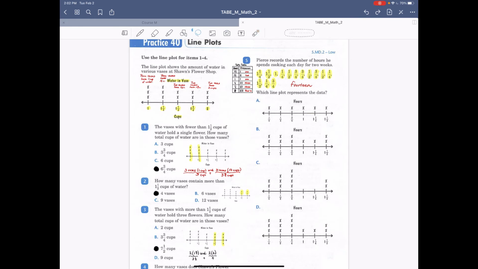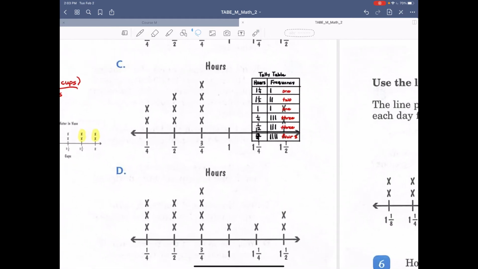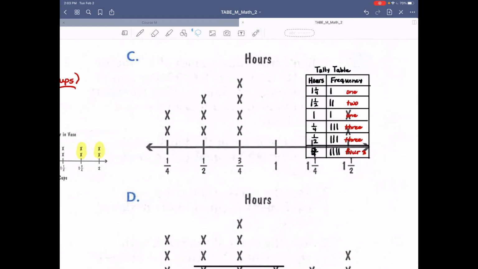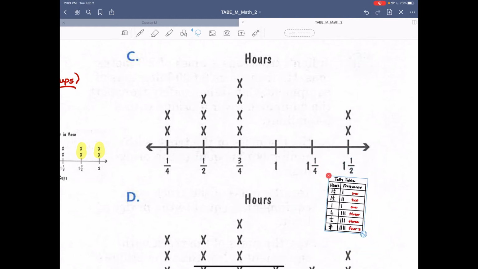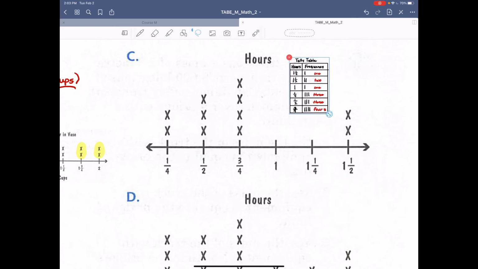Let me do it this way. I'm going to pull a copy of this right down here if I can. Yes, here we go. So let's zoom in. Let's see which one fits. According to my table, the 1/4 entry, which is right here, is supposed to have 3 X's.